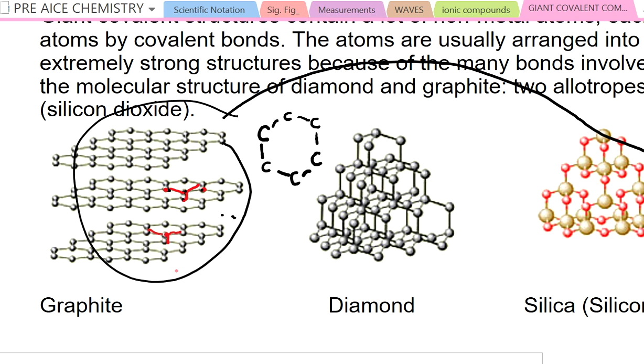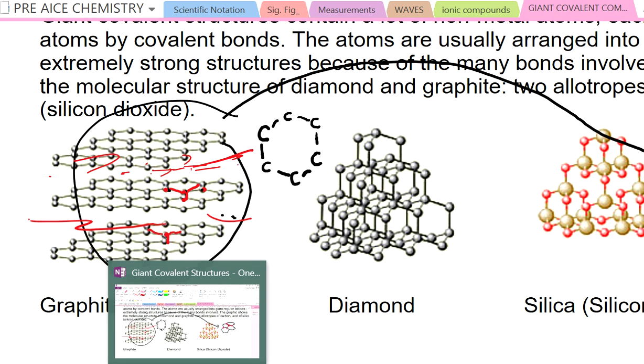Now look at the periodic table and tell me how many electrons carbon has in the last level. It has 4. So if it has 4 electrons and is bonded by a single covalent bond to 3 atoms, what happened with the extra electron? Well, the extra electron is going to be floating around in between those layers.